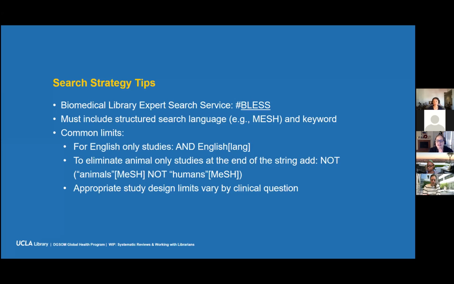So your search strategy has to be a structured search when you're doing something like a systematic review. Ami already outlined the use of controlled vocabulary such as MeSH and keywords and the combination that you have to do. And the reason you do those combinations is because as we ingest literature into databases like PubMed, librarians go through, read the articles, and index the literature to describe what the content is actually about.